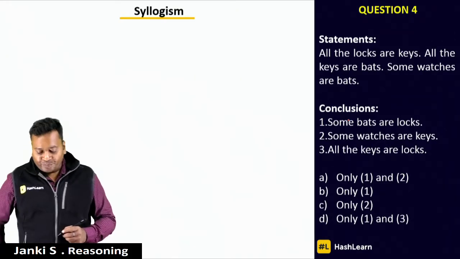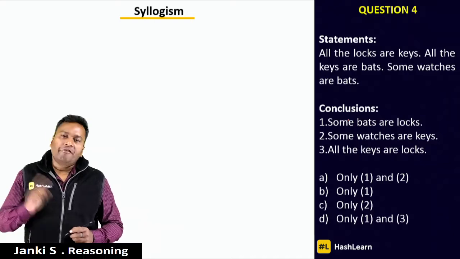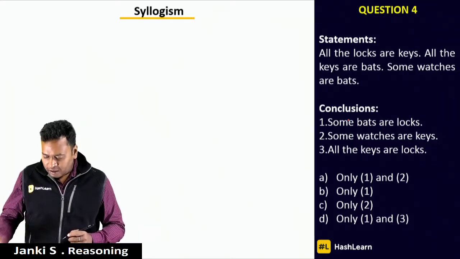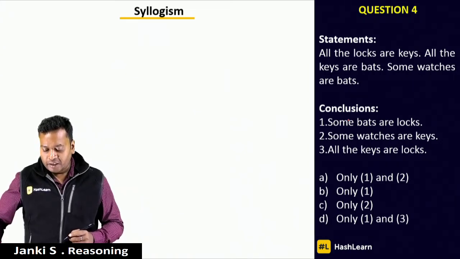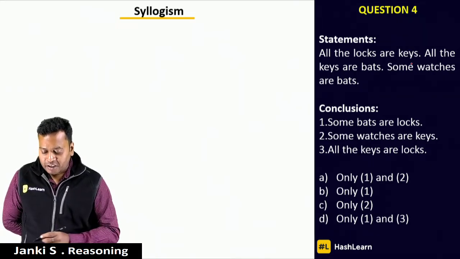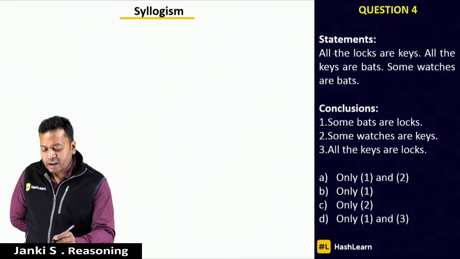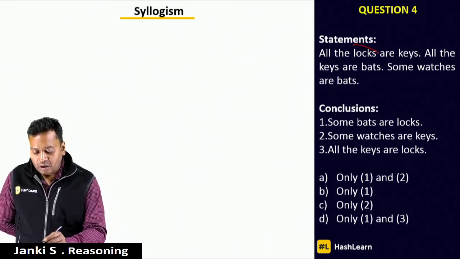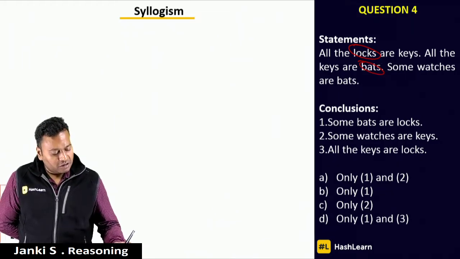Question number 4. Let's identify again. All, every all will give you some, right? So every all will give you some. Now you have to identify the cases here, right? So all locks are keys and all keys are bats, right? So now I can have a relation between lock and bats, right? So I'll just mark this thing so that it will be easy for you to work on, right?